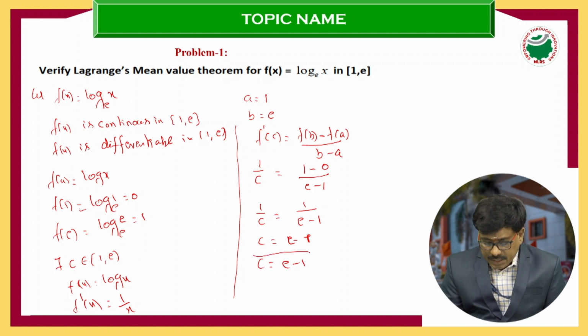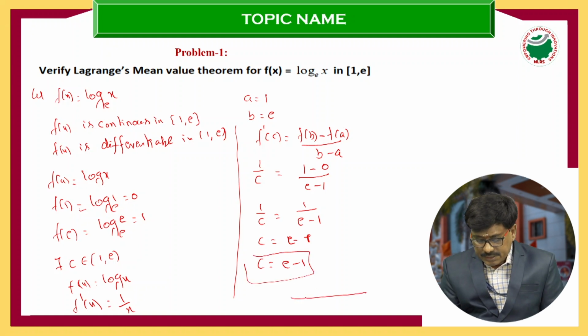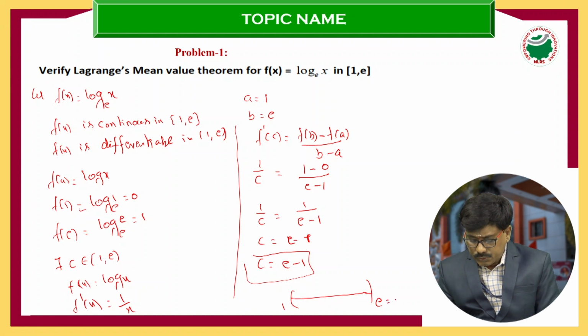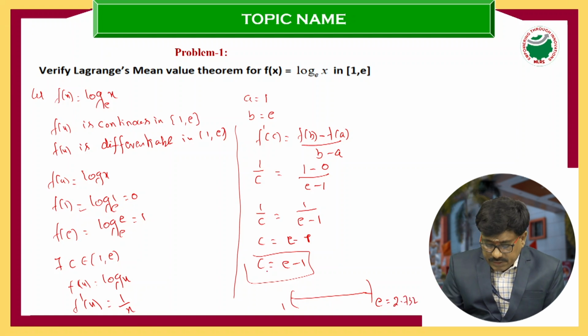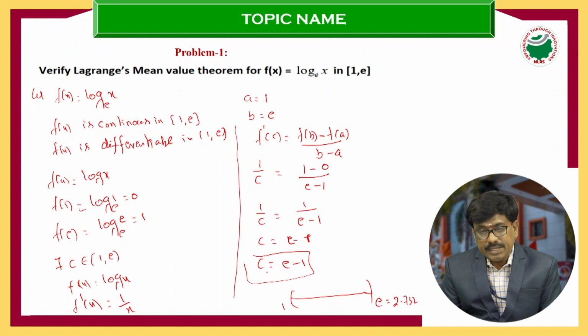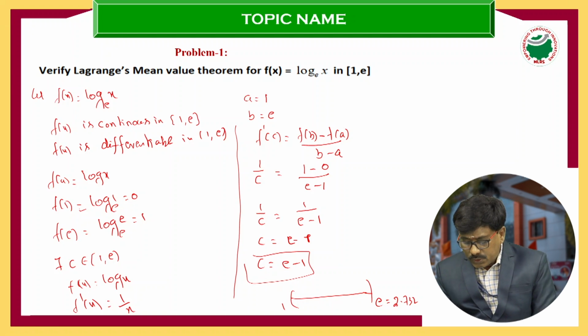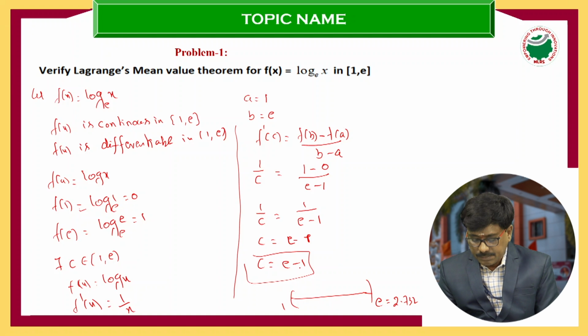Already we got the c value, which should lie in between the interval 1 comma e. We know a is 1 and e is approximately 2.732. Since c equal to e minus 1, subtracting 1, the c value lies between 1 comma e.